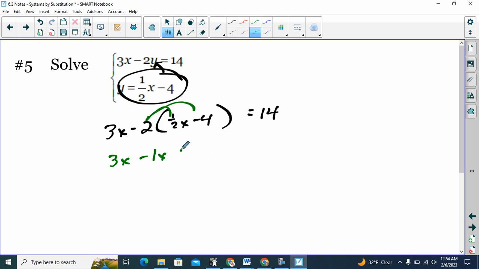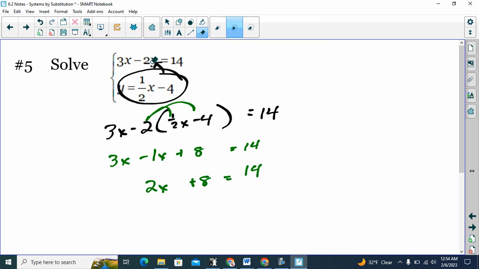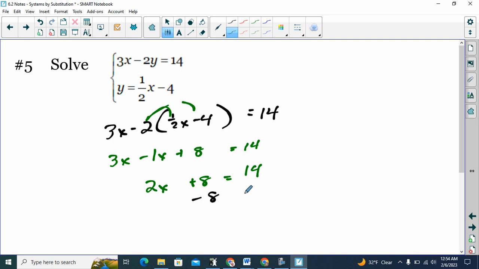Negative times negative is positive 8. 3x minus 1x, that's 2x. Subtract 8 from both sides. I get 2x is 6 and divide by 2. X is 3.